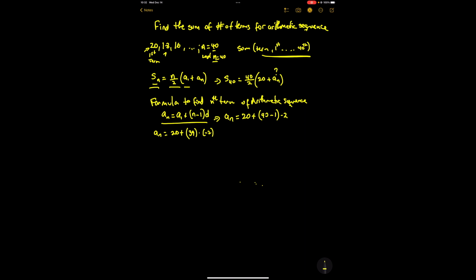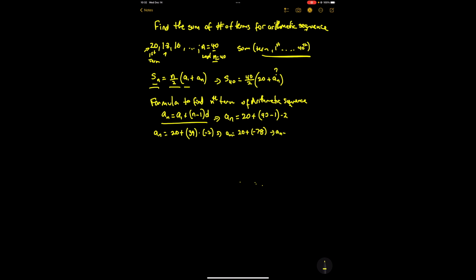And then what else do we have? What is 39 times negative 2? Well, if 40 times negative 2 is negative 80, then if you remove 2 out of that, that's going to be negative 78. So AN equals 20 plus negative 78. And what is 20 plus negative 78?